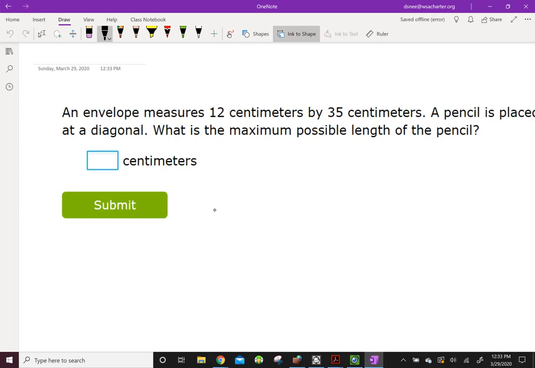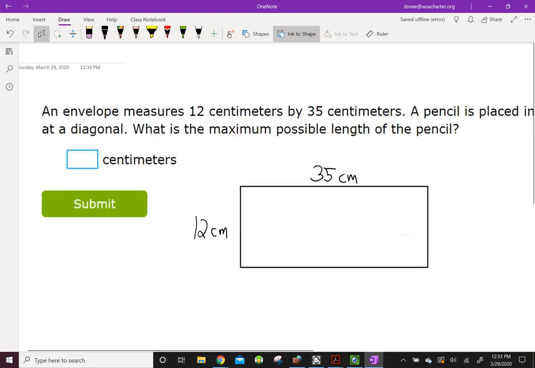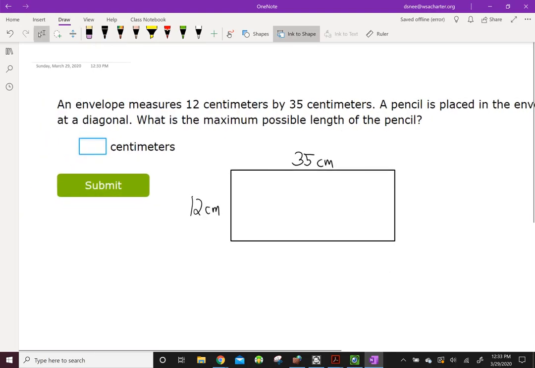Let's do 12 cm by 35 cm. And I have a pencil placed at a diagonal.